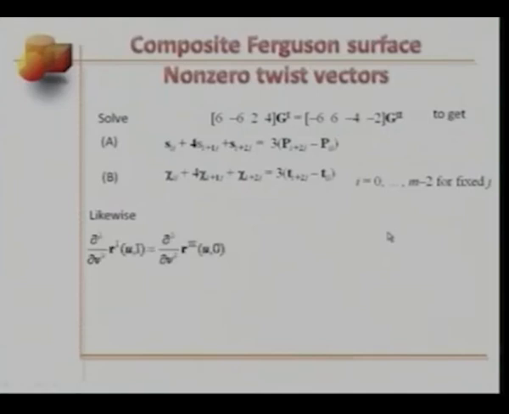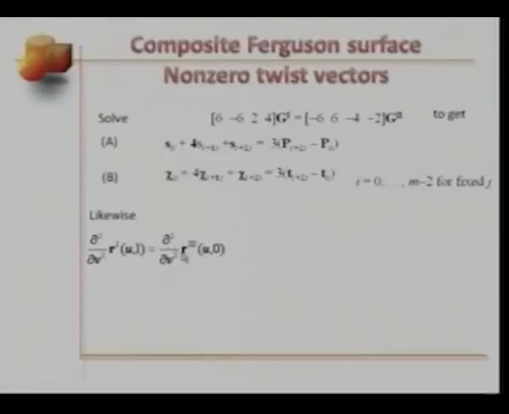Likewise, if we compute the second derivative for patch 1 with respect to v and evaluate it for any u and v equals 1, using the C2 continuity condition, we'll have to equate it with the second derivative of the third patch, which is placed over R1, as you know from the figure.